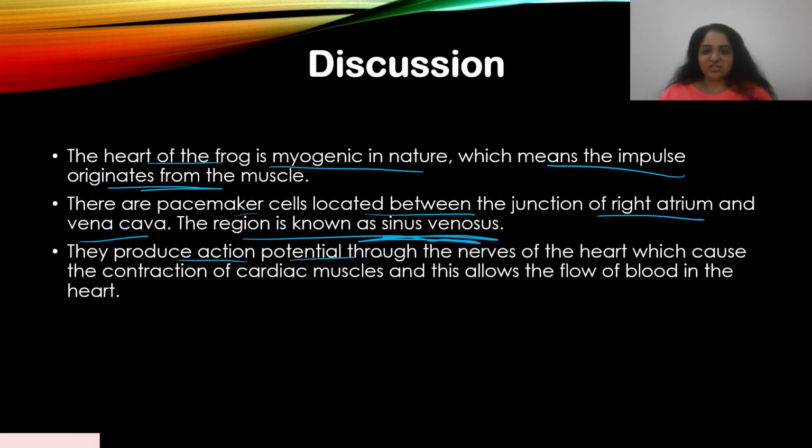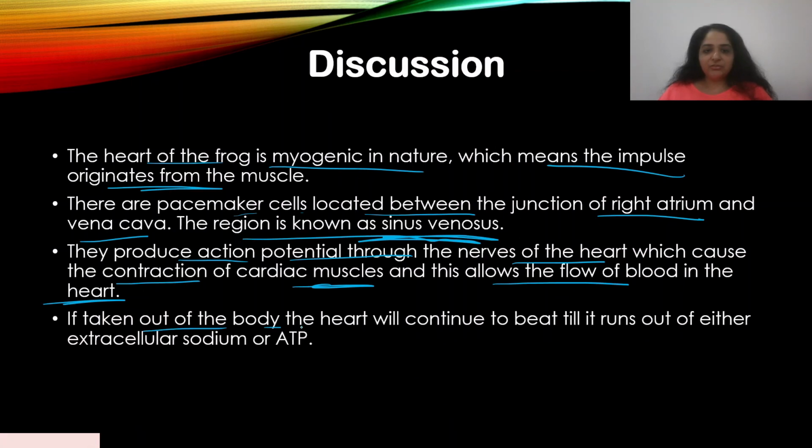They produce action potential through the nerves of the heart which cause the contraction of cardiac muscles, and this allows the flow of blood in the heart. So the action potential is generated by the cardiac muscles only, which then allows the contraction of the heart.